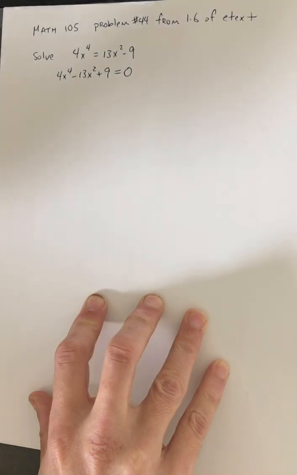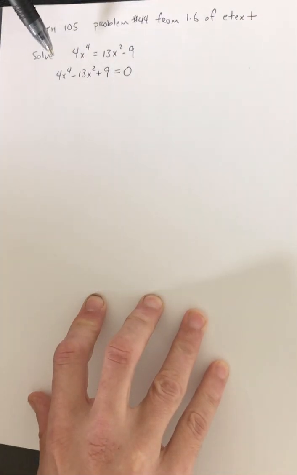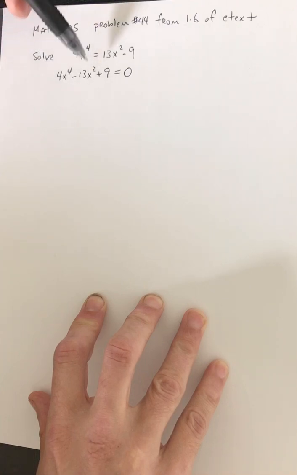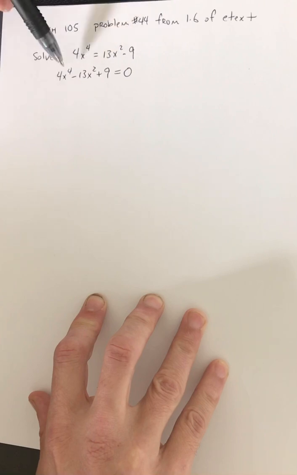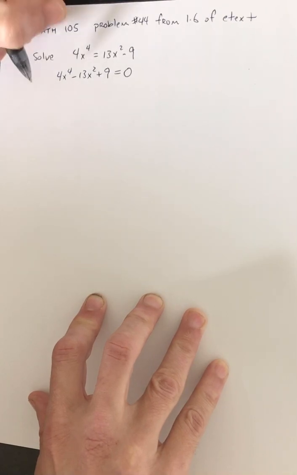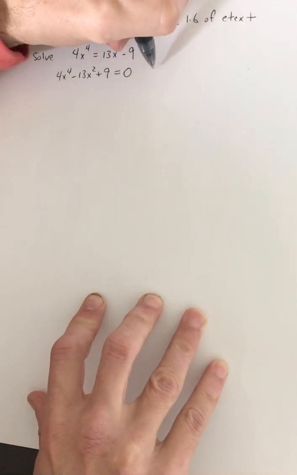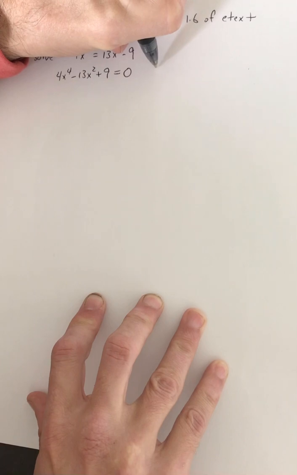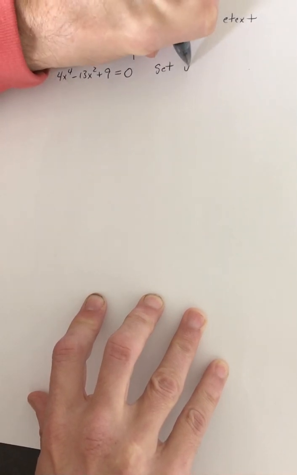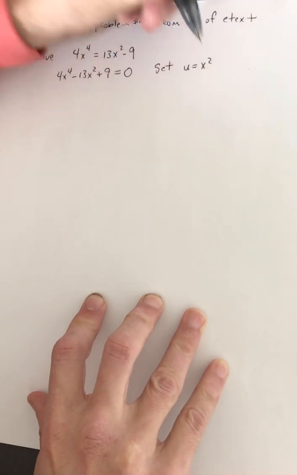Okay, so now it looks kind of like ax squared plus bx plus c, but it's not squared and just x; it's fourth and squared. So what you can do is turn it into a quadratic form by the substitution u equals x squared.